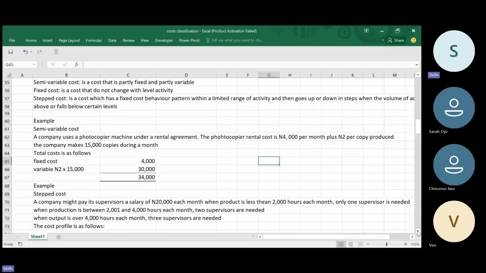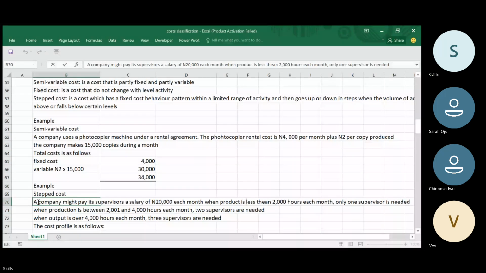When production is less than 2,000 hours each month, only one supervisor is needed.